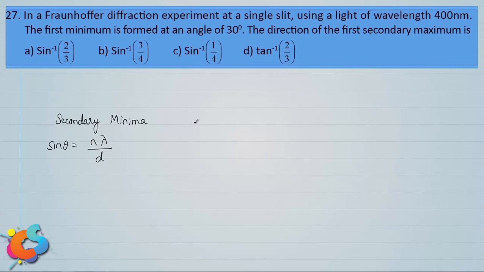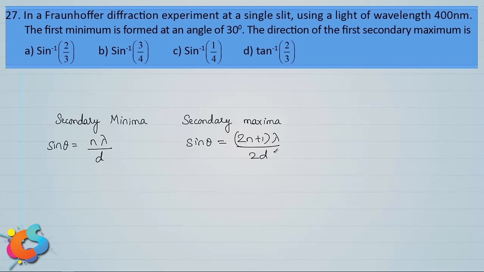Similarly, for secondary maxima, the angular position is defined as sine theta is equal to (2n plus 1) lambda divided by 2d. Now, have a careful look at these two expressions, dear students.